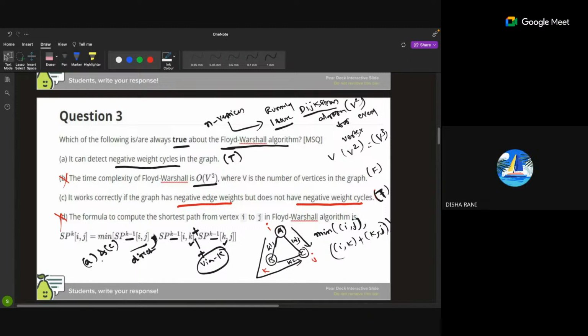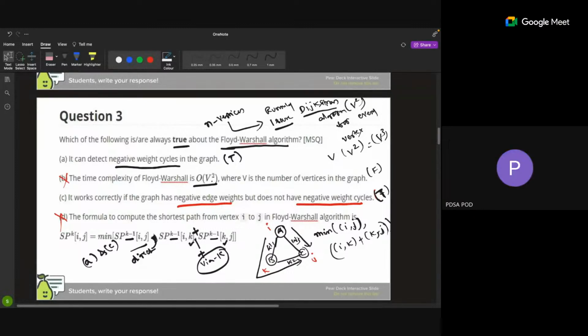Sir, could you please explain the third option again? It says it works with graphs with negative weights. As I said, no particular algorithm works whenever a graph with negative cycles is there. Is it clear? Yes, sir.